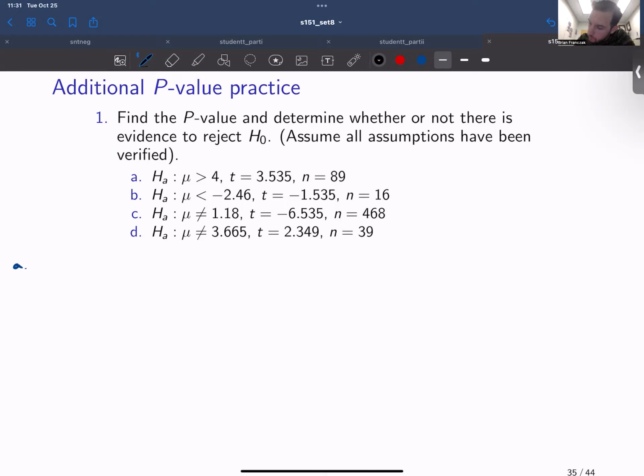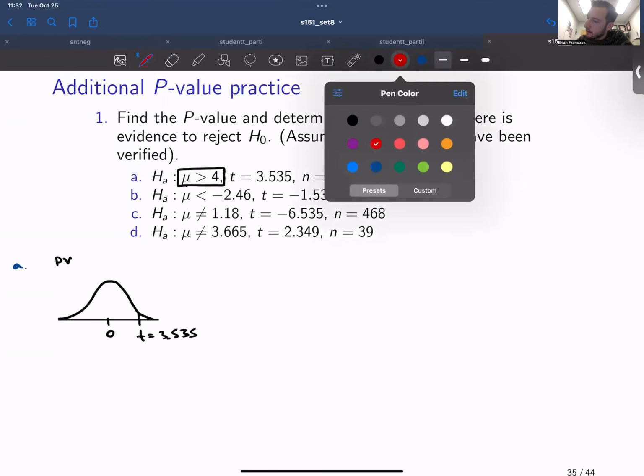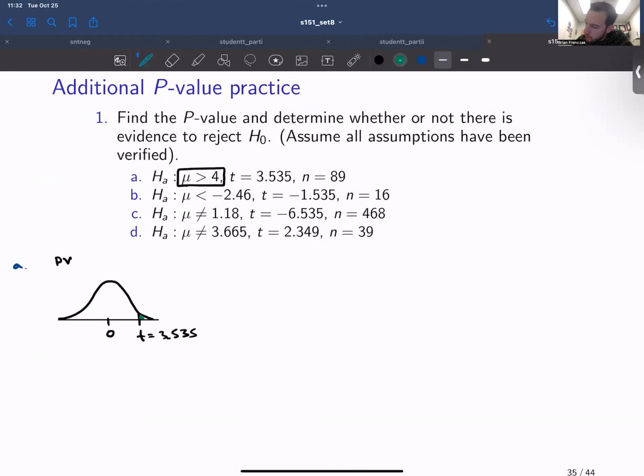All right, so first we would sketch out the area that we're looking for. We are told that this is an upper tail test because the alternative hypothesis has mu greater than 4. So we would mark down where our p-value would be located, and then shade the region corresponding to that value.